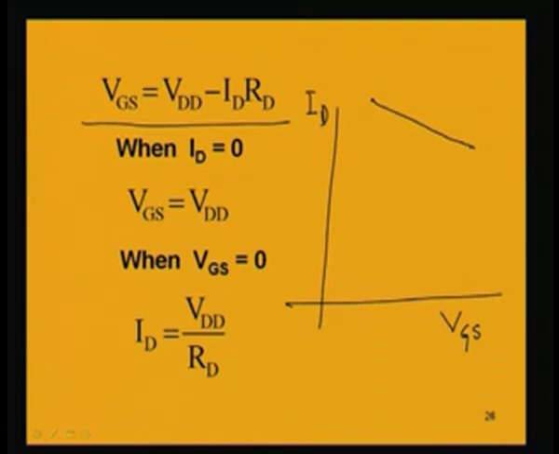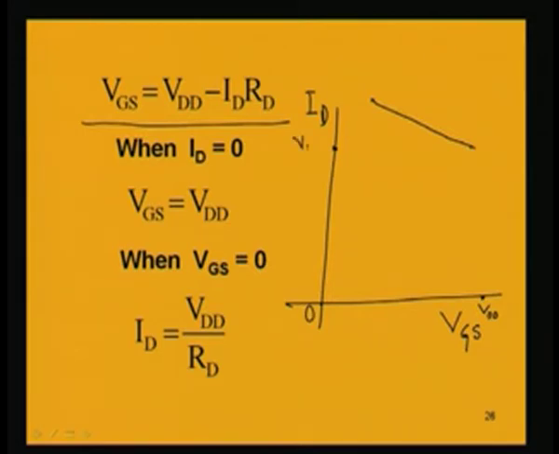Now, when we have ID equal to 0, we get VGS equal to VDD. That is one extreme point, when we have ID equal to 0, that is on the x axis. And when VGS equal to 0, we get a point on the y axis or the ID axis. This is the extreme point or the maximum drain current point, which is nothing but VDD by RD.